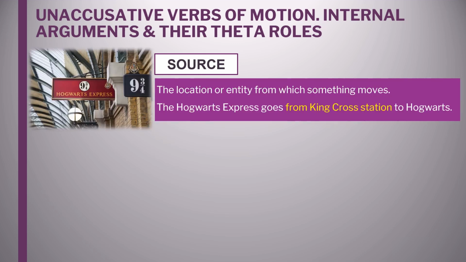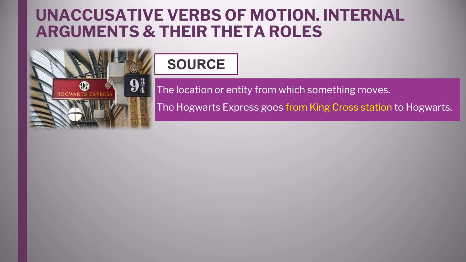An internal argument that receives this theta role refers to the location or entity from which something moves. For example, the Hogwarts Express goes from King's Cross Station to Hogwarts. In this sentence, the PP from King's Cross Station receives the theta role of source, because it is the location from which the Hogwarts Express moves.